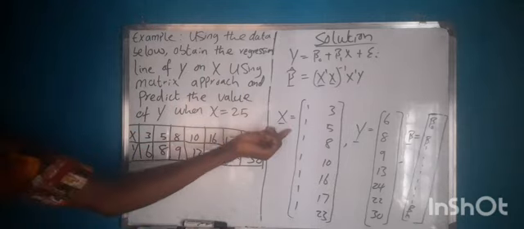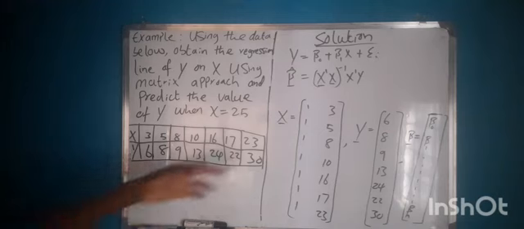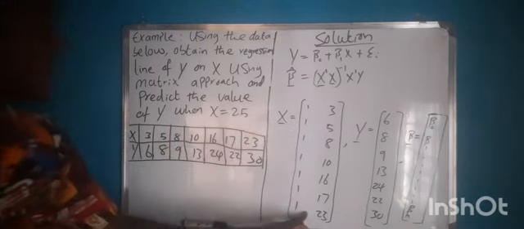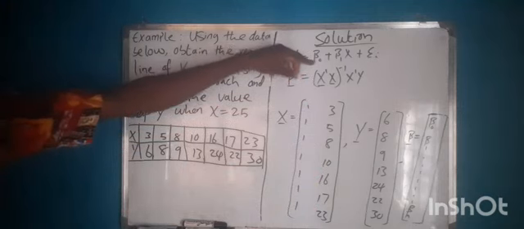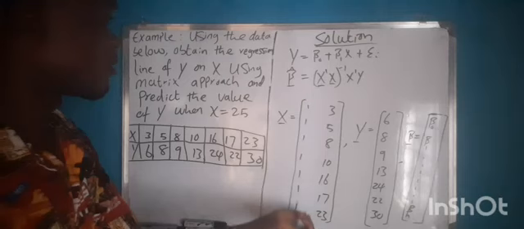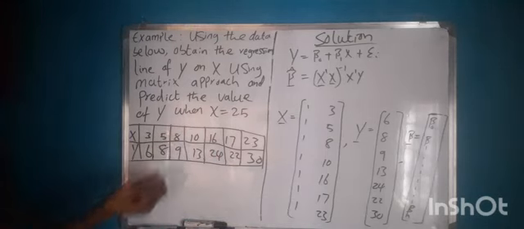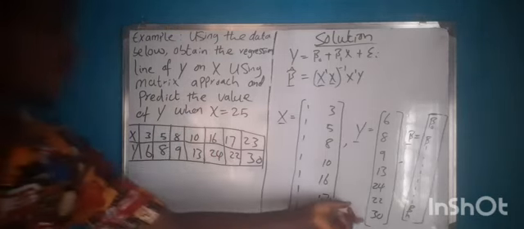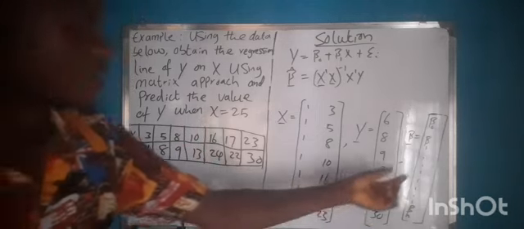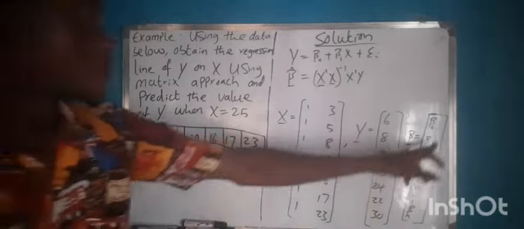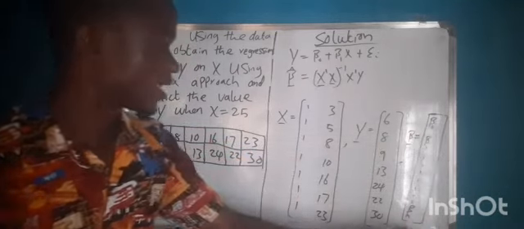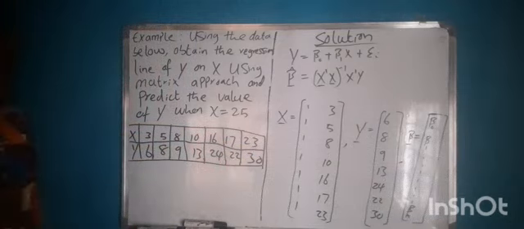This is our X, the matrix X. The 1, 1, 1 here accounts for the intercept in this equation, and these are the actual values of X. This is our Y, the matrix Y, and beta is the parameters, which ranges from beta naught to beta n depending on the number of independent variables involved.